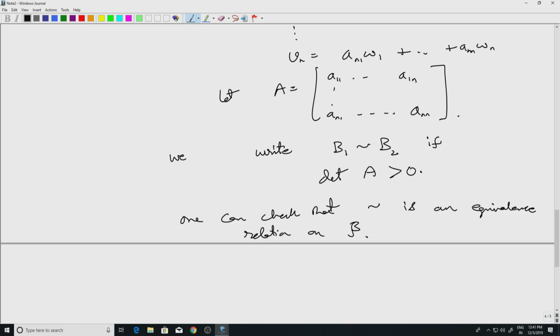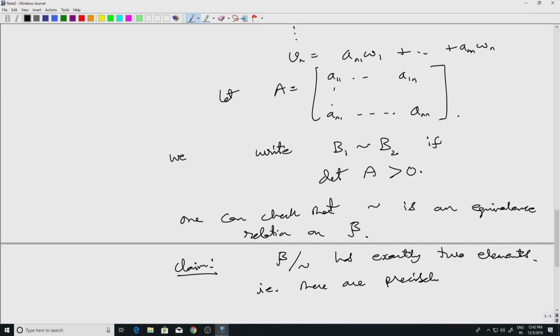Now let's look at the set of equivalence classes. It has exactly two elements, that is, there are precisely two equivalence classes for tilde.